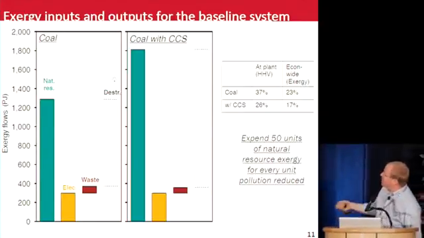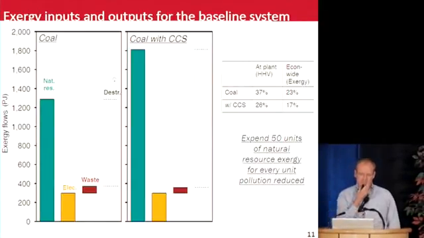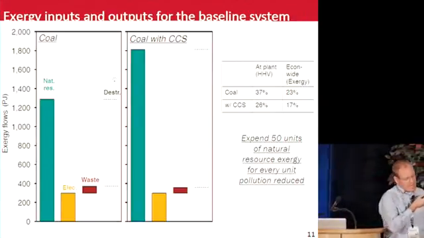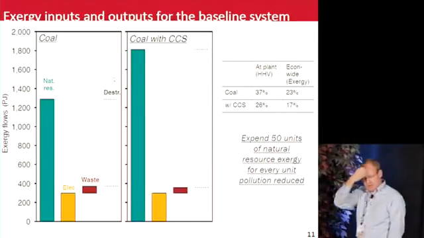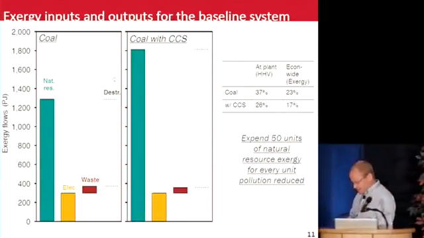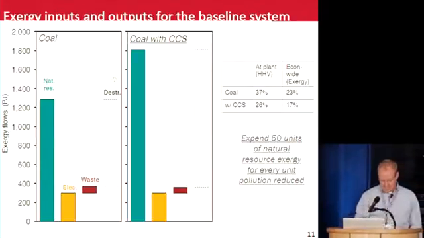You can see these economy-wide exergy efficiencies drop to 23 and 17% without and with CCS. And in fact, we had to expend 50 units of natural resource exergy for every unit of pollution reduced. This is where we were as of a few months ago, 3 to 6 months ago, and this is not a very encouraging result.